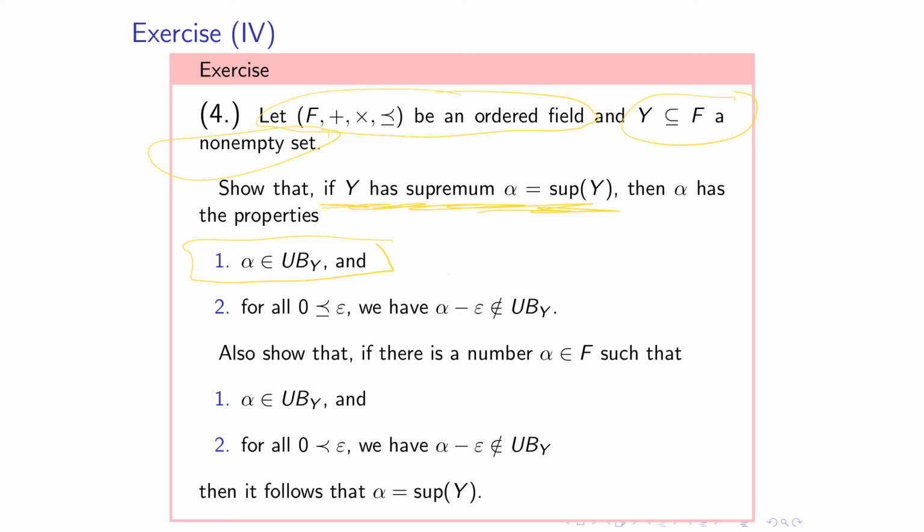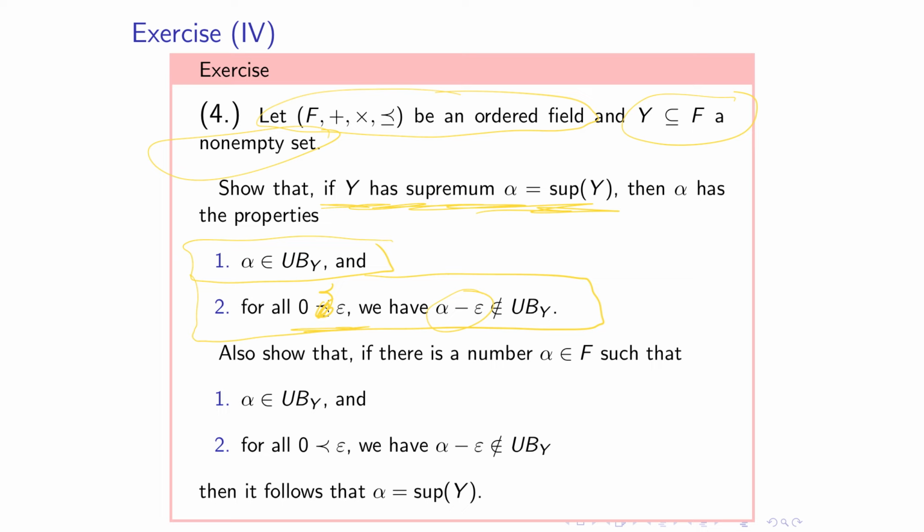But then the second property is more interesting. It is the property that if you take, this is not right, this should be strictly precedes, so if 0 strictly precedes epsilon, then alpha minus epsilon is not an upper bound.